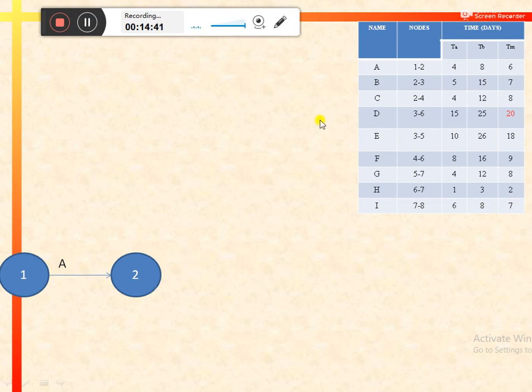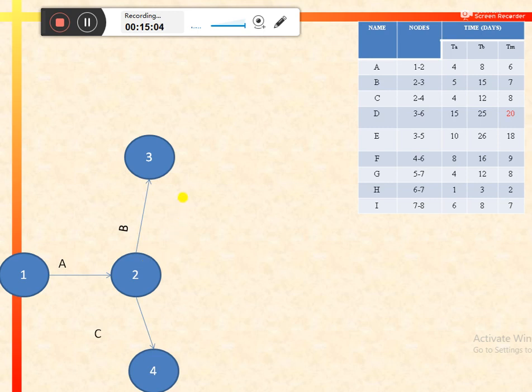After that, we need to draw the second activity, that is activity B, of which the starting point is node 2 and the ending point is node 3. So in this way we can draw activity B. After that, we would draw activity C, of which the starting point is node 2 and the ending point is node 4.